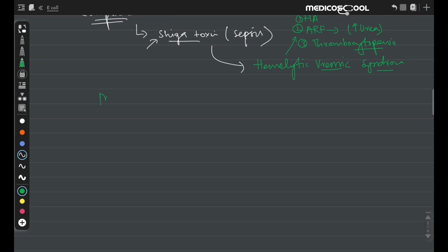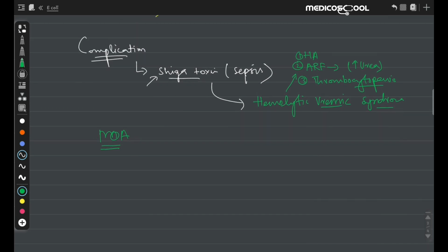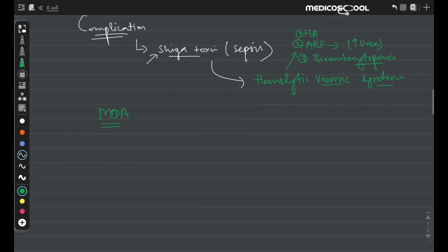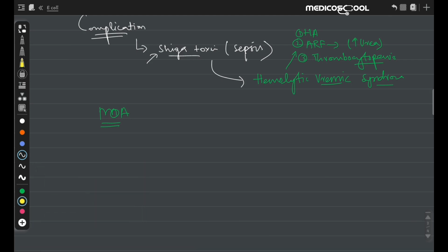So let's talk about the mechanism of action and how the Shiga toxin produces hemolytic uremic syndrome if it enters the blood. The first step: remember that the blood vessel endothelium and epithelium present in the kidney consist of receptors for this Shiga toxin.